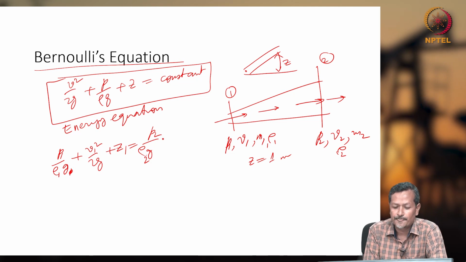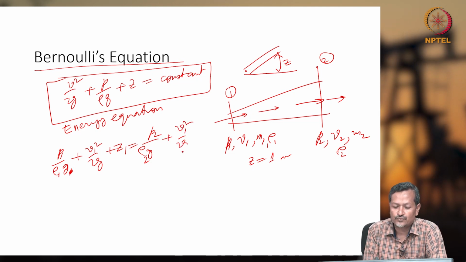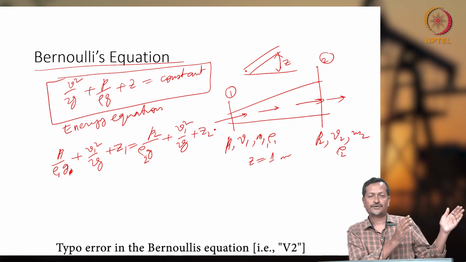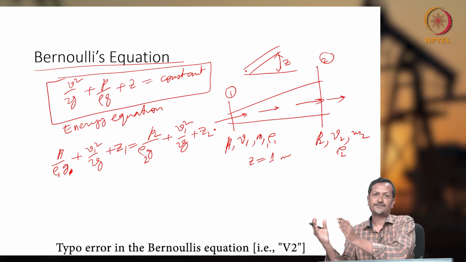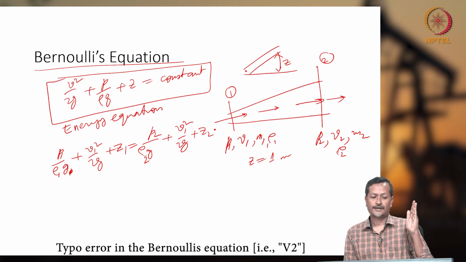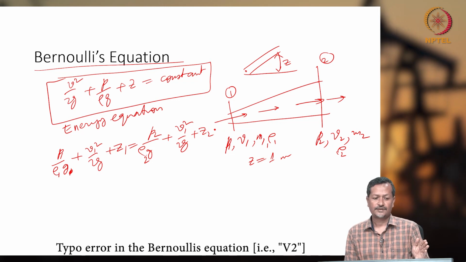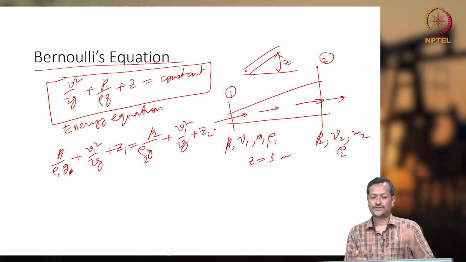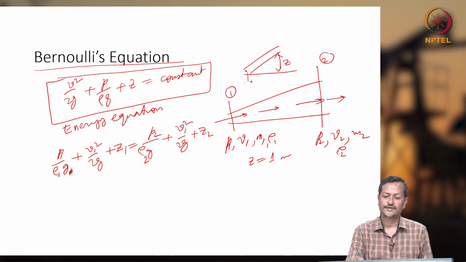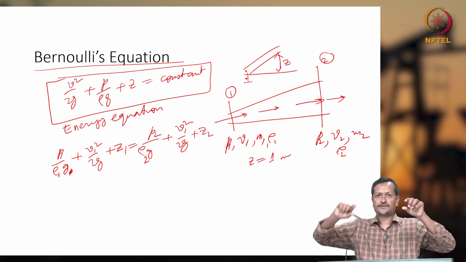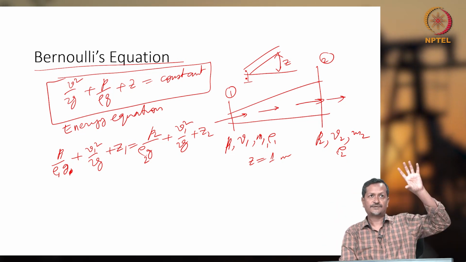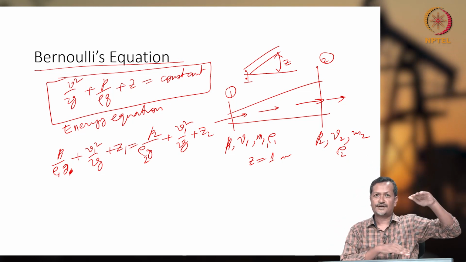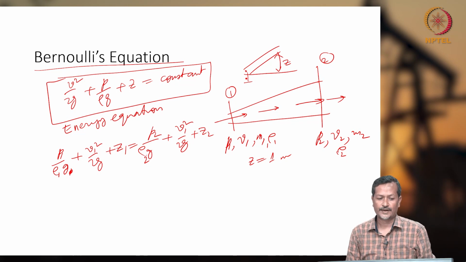It is only g, plus V2 square by 2g plus Z2. So inlet energy and exit energy must be equal. So at inlet condition, P1 by rho 1 g, velocity V1 square by 2g plus Z1, elevation of inlet. For example, if pipe is made such a way that from ground distance is 100, another end distance 200, so Z1 is 100, Z2 is 200. So that way we calculate.